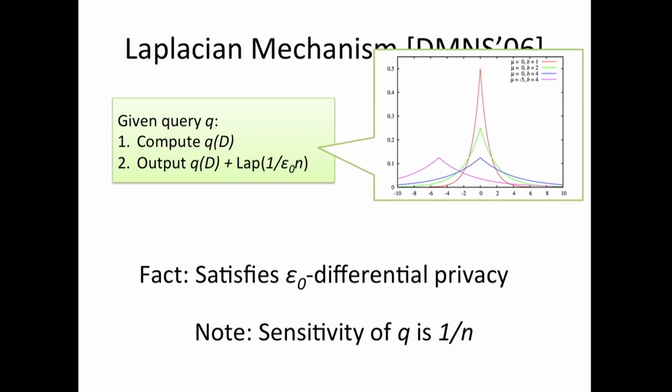The reason is that the sensitivity of the queries under our normalization is 1 over n. Remember, we normalized the data set so that it's a distribution, which just means the sensitivity of each query is 1 over n. So if you add Laplacian noise of magnitude 1 over epsilon 0 n, then you get epsilon 0 differential privacy.